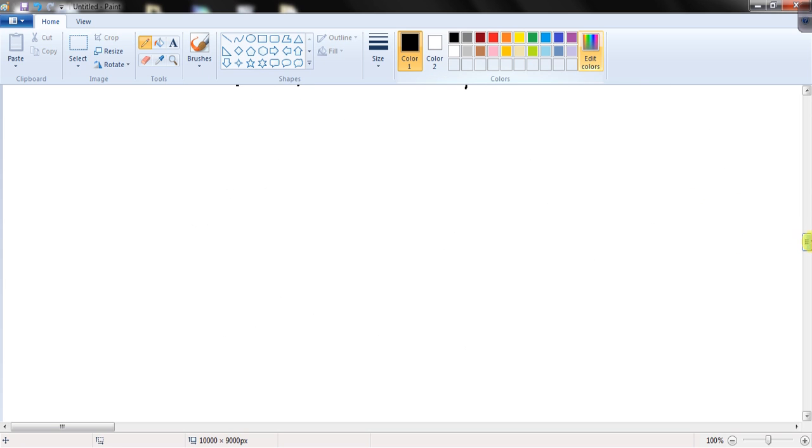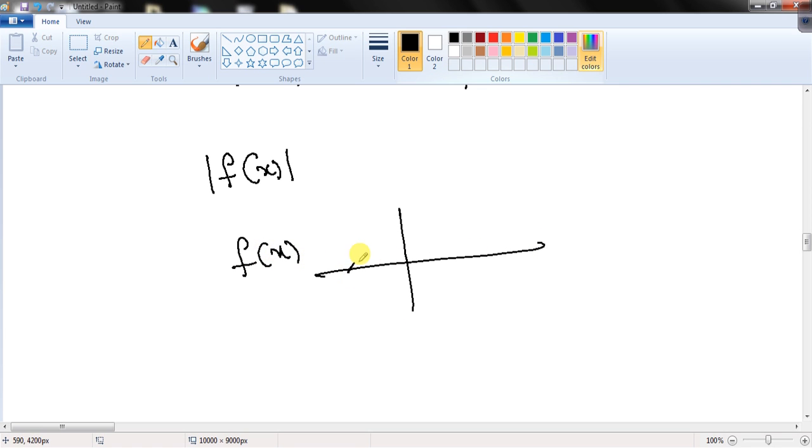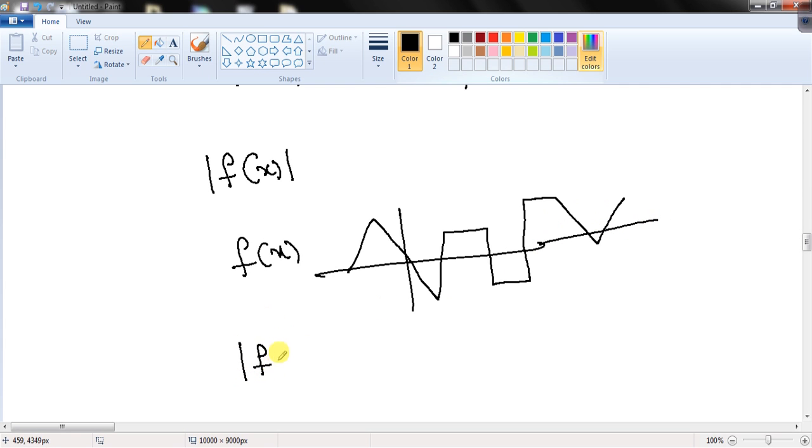Now next, we also need to know the transformation of mod of f of x. Suppose this is the graph of f of x, so modulus of f of x makes everything positive. What is the meaning of modulus of f of x?